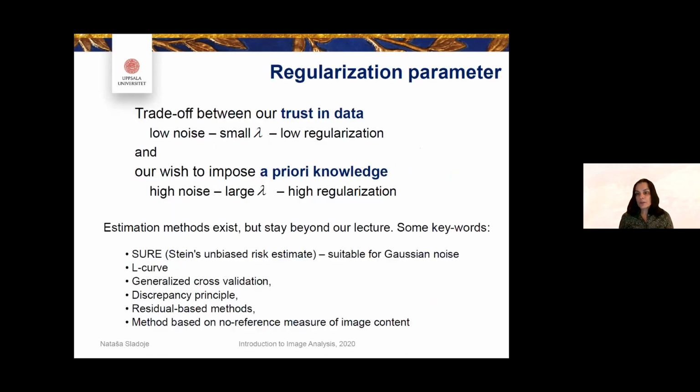So this was a bit of examples of how the different values of lambda affect the result of restoration, how much we should regularize our energy function, or how much we should trust our data, or how much of this a priori knowledge we should impose.